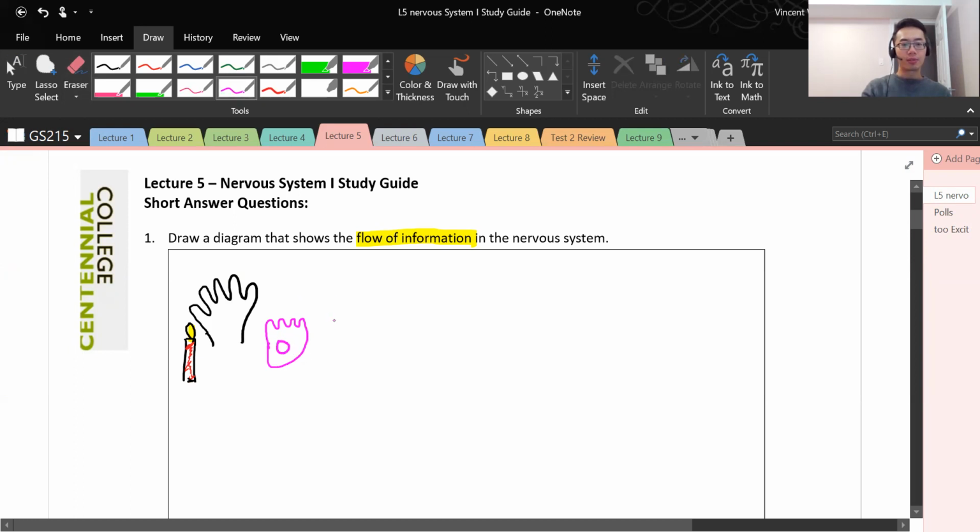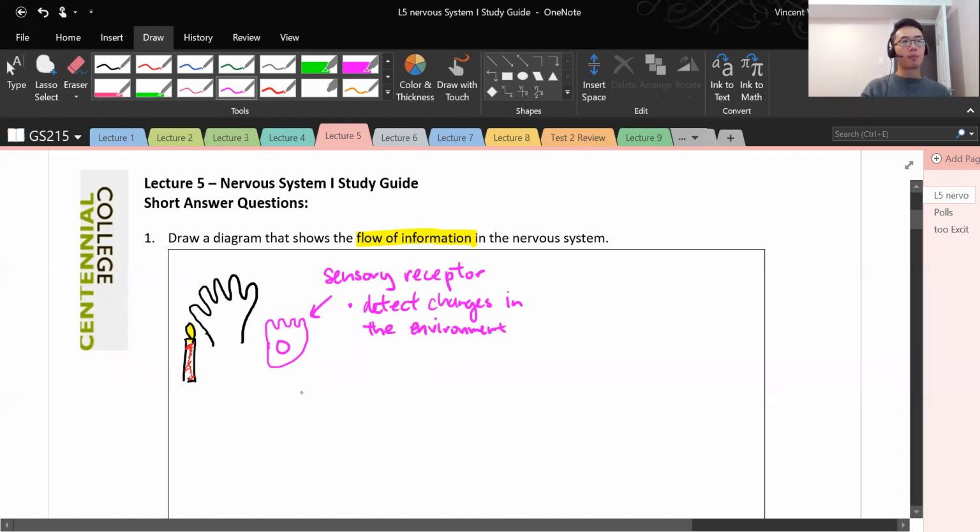Okay, thermal receptor. So this is a sensory receptor. They do kind of look like this for real. You just kind of have to believe me. So sensory receptors detect changes in the environment.